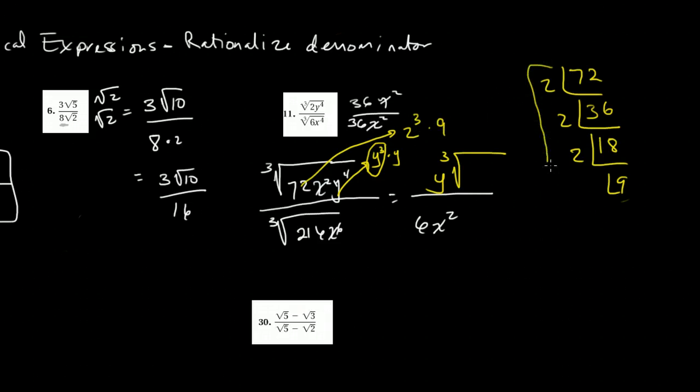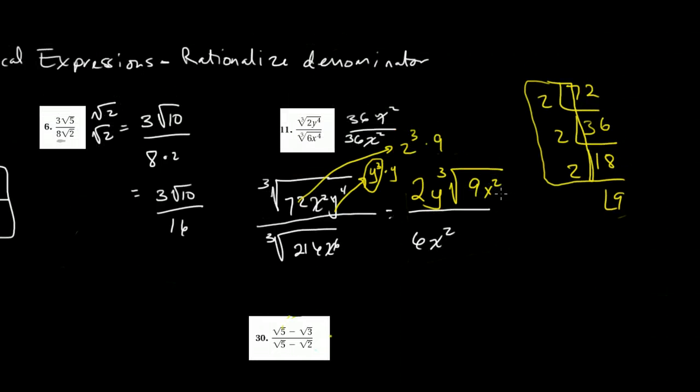So the 2 has a get out of jail free card, so it'll be 2y times the cube root of 9x squared. Mind you, that y is not cubed, it's the cube root of 9x squared, all over 6x to the 2nd power. So that one was nice and fun.